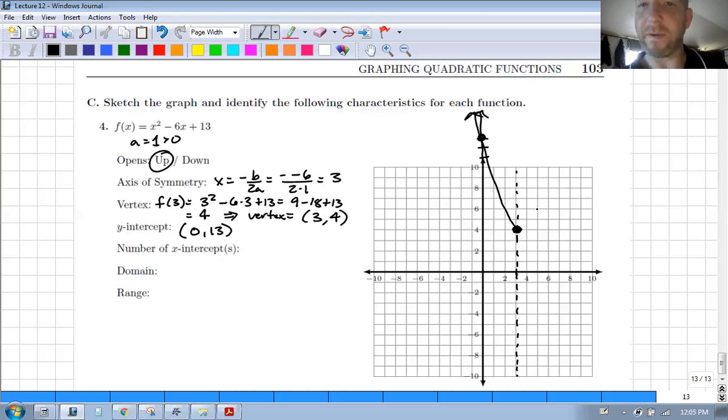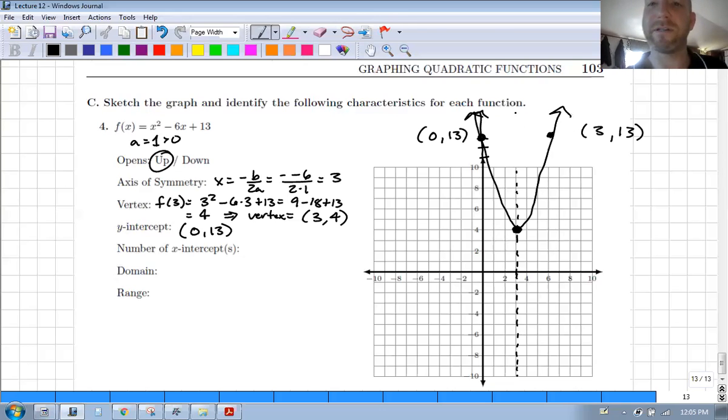If we look at this, the distance from here to here is 3, right? So if we go 1, 2, 3 over here, basically we're right here for our other point. This point is (0, 13), so this point over here is going to be (3, 13).